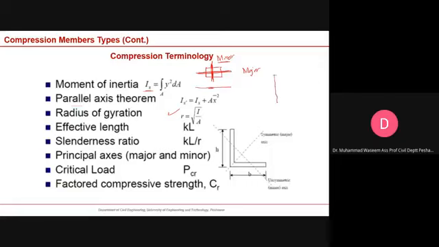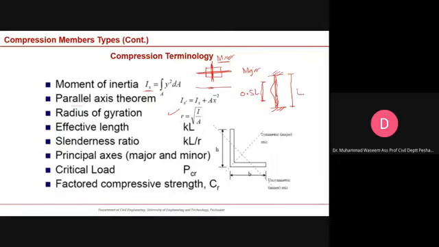Effective length means: this is a compression member, and the end conditions have an effect. If the end conditions are fixed, you will have an effect on the deflected shape of the member. This will be about 0.5 L if this is the total length.